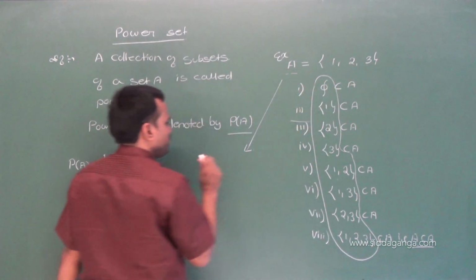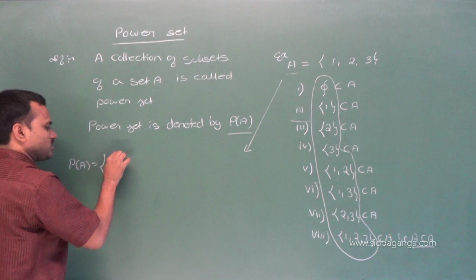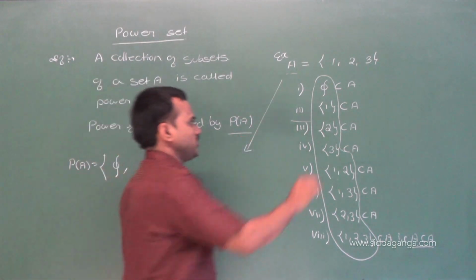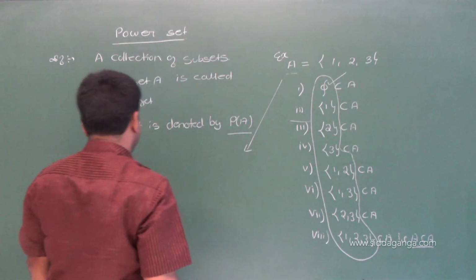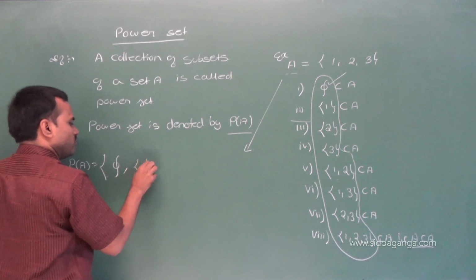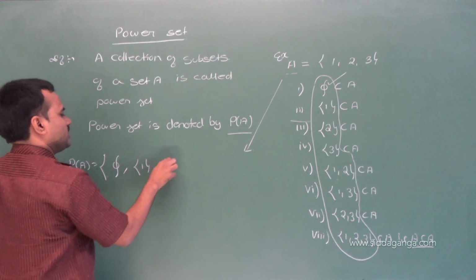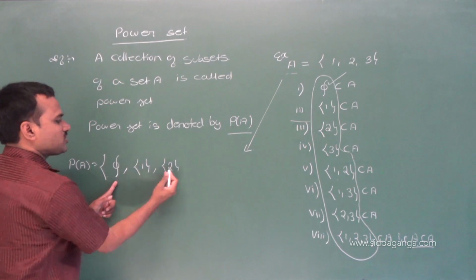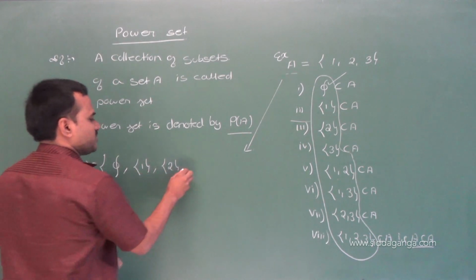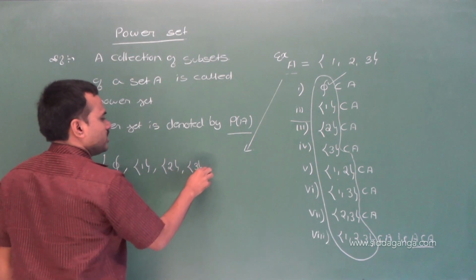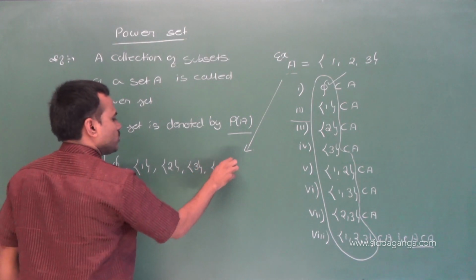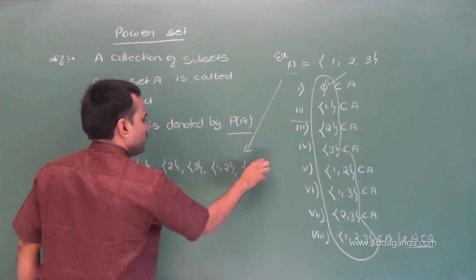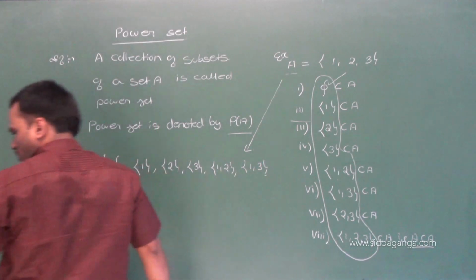P(A) is equal to, first one is the empty set. Second one, the element containing 1. Third one, the element containing 2. Next one, {1, 2}. Next one, {1, 3}.